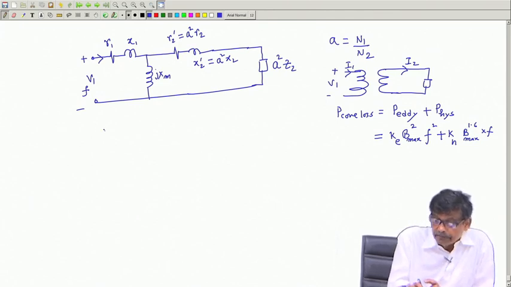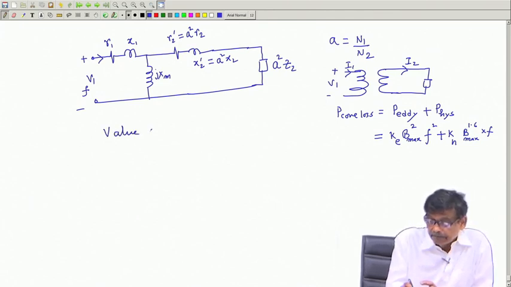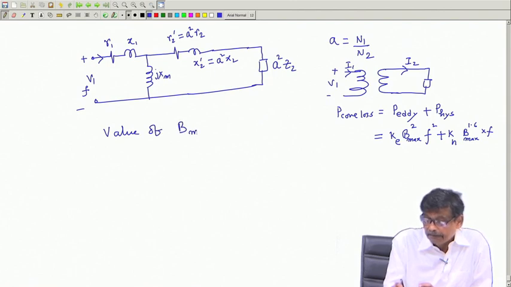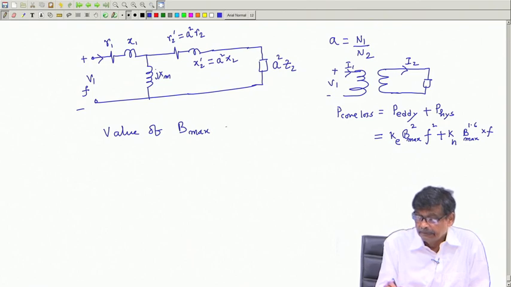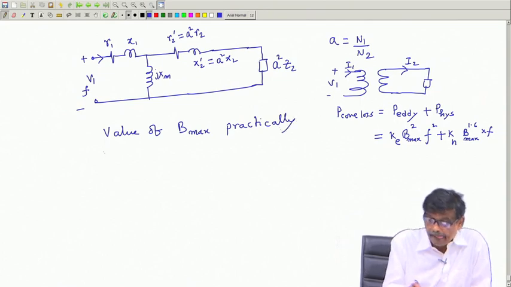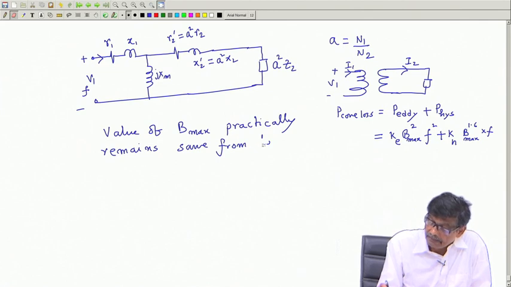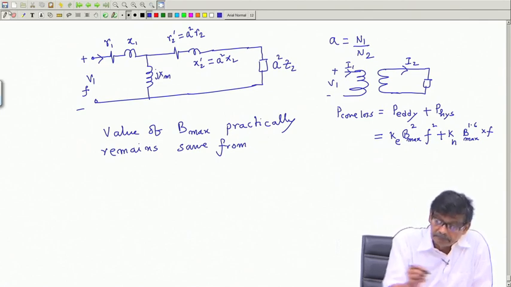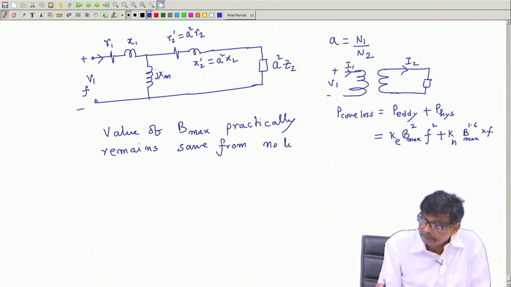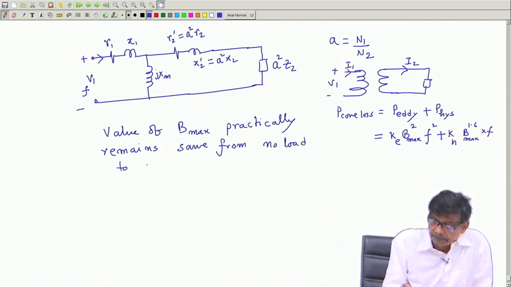And the value of Bmax, we have seen, practically remains the same from no load, sorry, to loaded condition or full load condition.